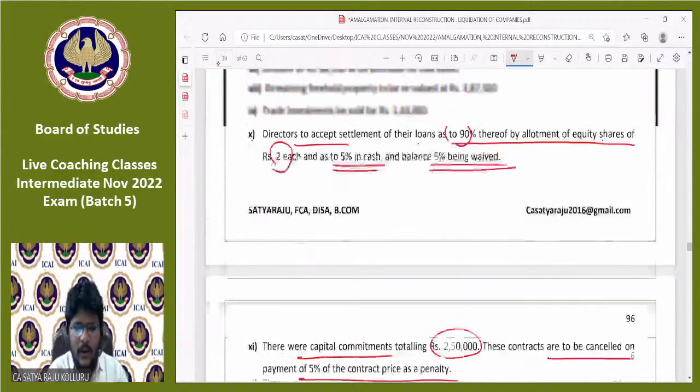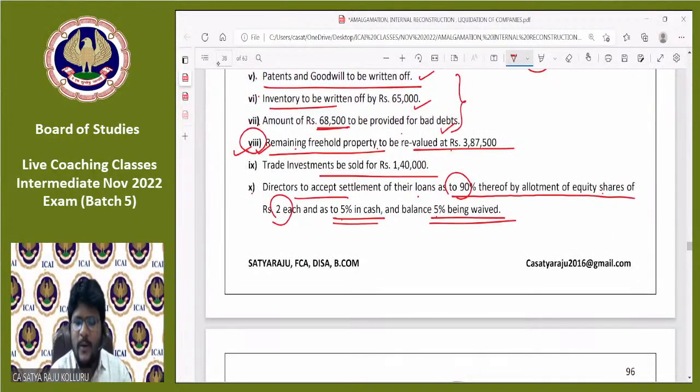For example, this is the director's payment entry, right? Being final settlement to the directors, out of which 90% is through issue of equity shares and the remaining 5% is through cash, and the remaining was sacrificed by the directors. That's it. In the same way, you can express it, or someone might express that being to the extent of 5% is transferred to the reconstruction and the remaining through payment of equity shares and cash.